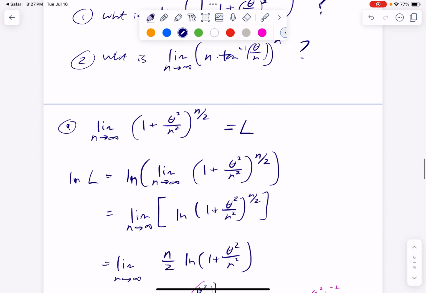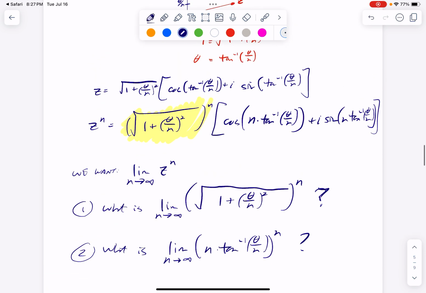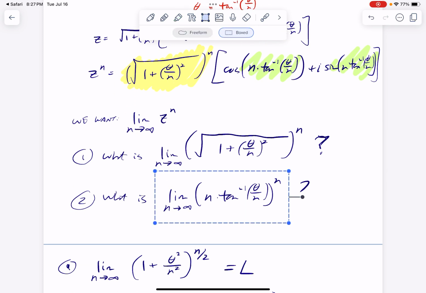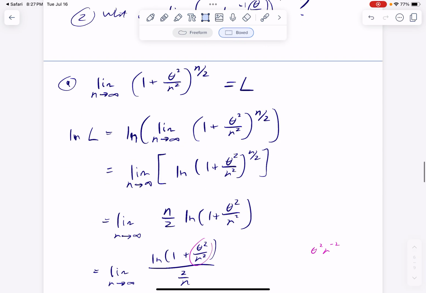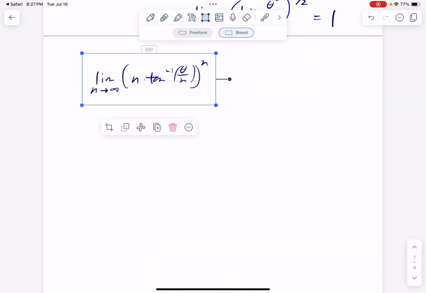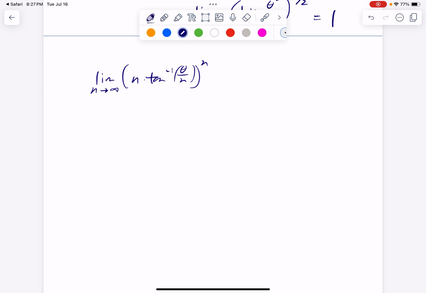Okay, so let's just go back and understand what we were doing. We're trying to make sense of the limit of this whole thing. We found the limit of this part. Now we're going to find the limit of this part. So this is number 2.